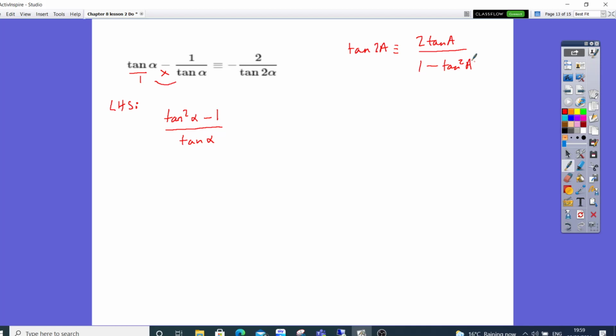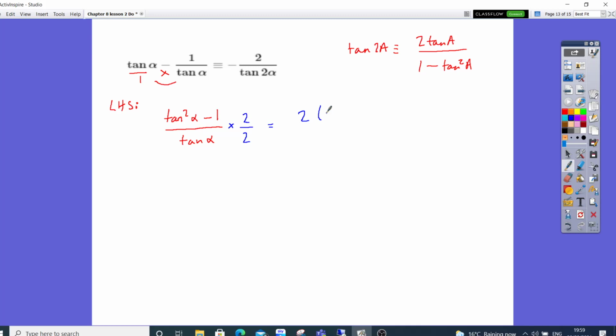Now the reason why I like this is because I can see that already. The only thing now is you need to know some fraction tricks. What you can do in fractions, because I need a 2 there, is times top and bottom by 2. In effect, this is just an equivalent fraction because 2 over 2 is 1, and if I times the fraction by 1, I get the same fraction. But what this trick does is I don't need it over here, so I can leave it out on the top.